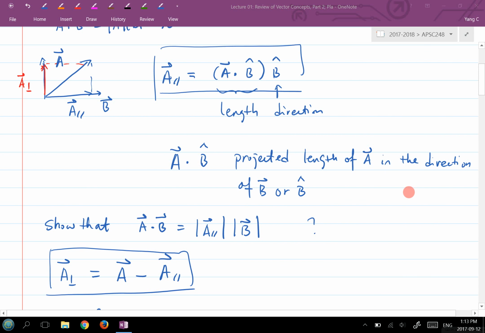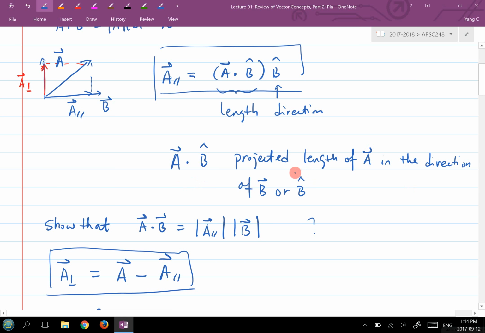This is an expression for the so-called projected length. Does that make sense? Remember this? So this one here, A dot B hat, is basically a different expression for the so-called projected length.